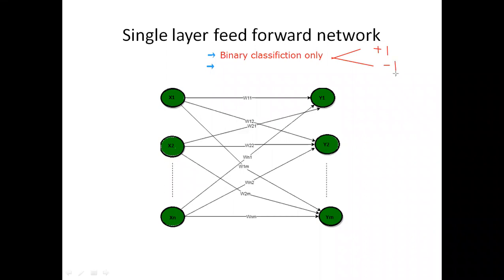There are only two kinds of outcomes we will get, plus one or minus one. So that's why this particular single layer network is used to classify the total data points.